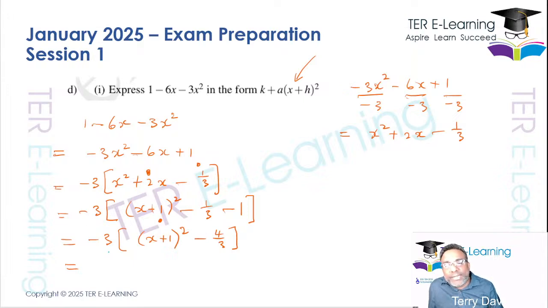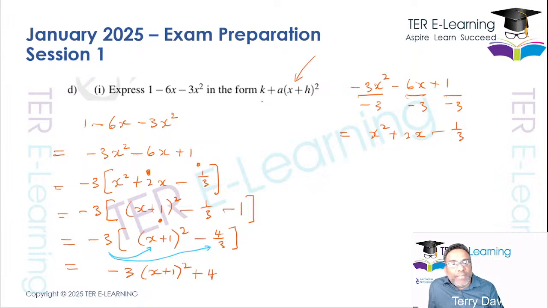So what I'm doing, I'm taking this minus 3, multiply by this bracket, and then I'm taking minus 3 and multiplying by this. So when I work this out, you're going to get minus 3 by x plus 1 squared. And minus 3 by minus 4/3, you're going to get plus 4.